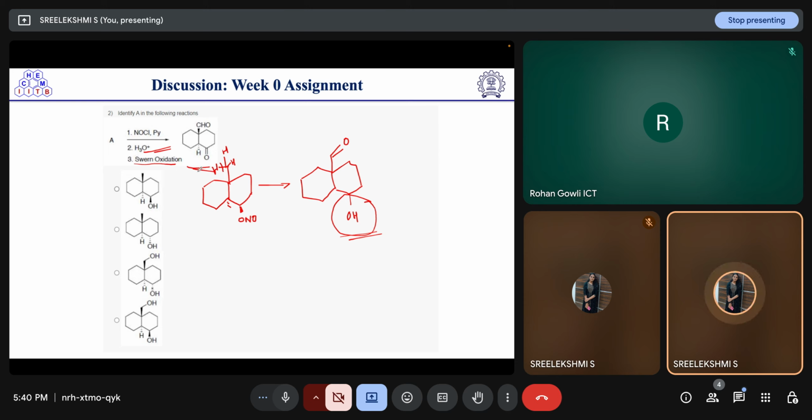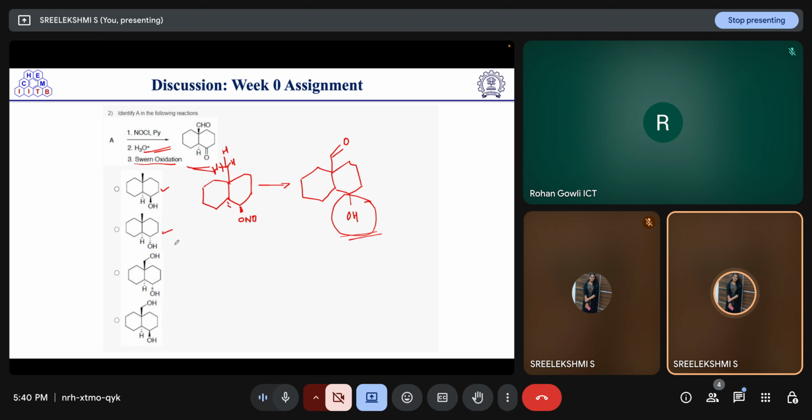our product. Now if we consider the stereochemistry of the reaction, for this Barton reaction to occur, whichever position the hydroxyl group is in, the hydrogen radical abstraction is also possible only in the same position. So if OH is above, that hydrogen radical can be abstracted only from the above position.